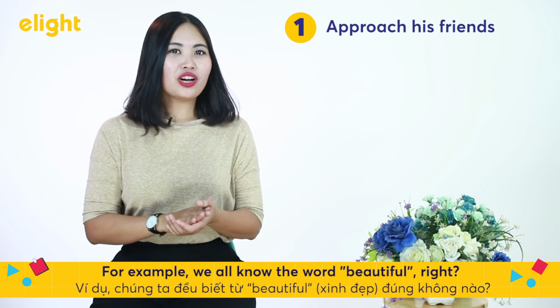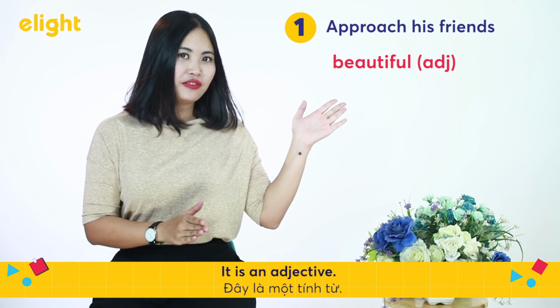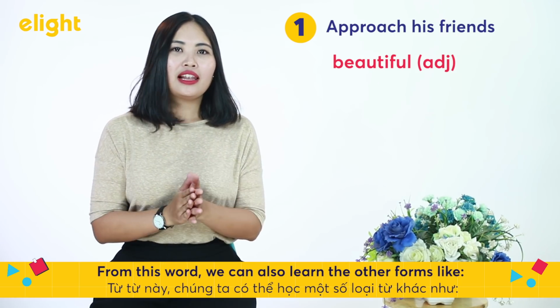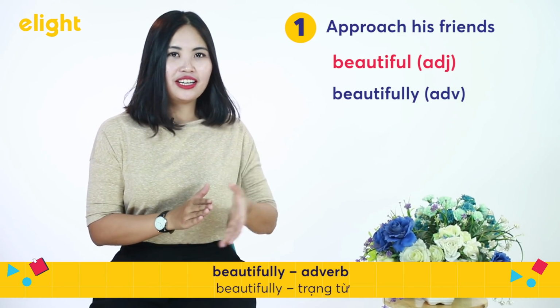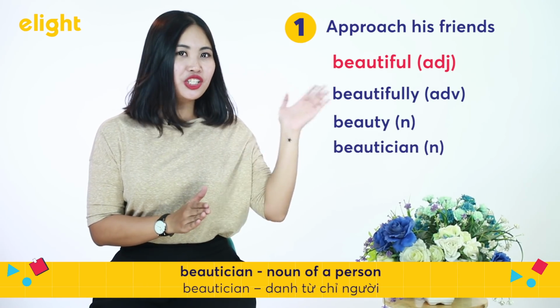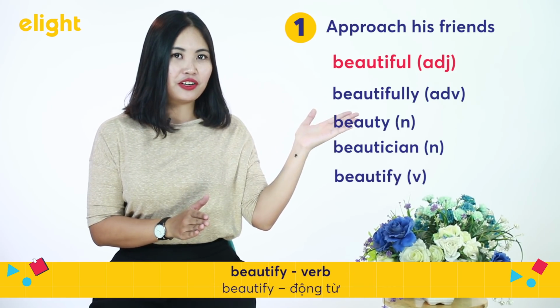For example, we all know the word beautiful, right? It is an adjective. From this word, we can also learn the other forms like beautifully, which is an adverb. Beauty, a noun. Beautician, a noun of a person. And beautify, a verb.